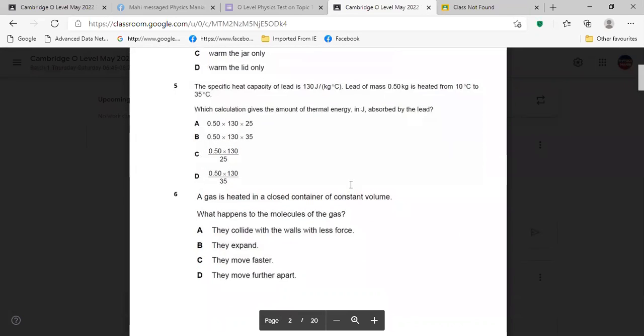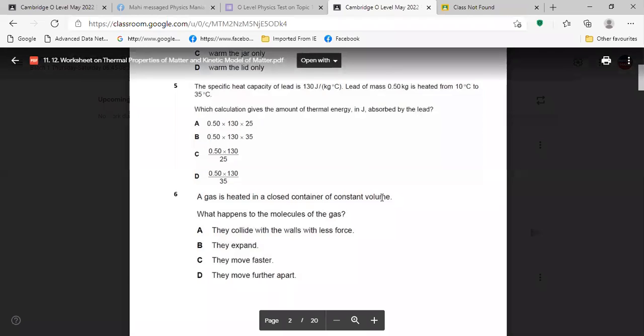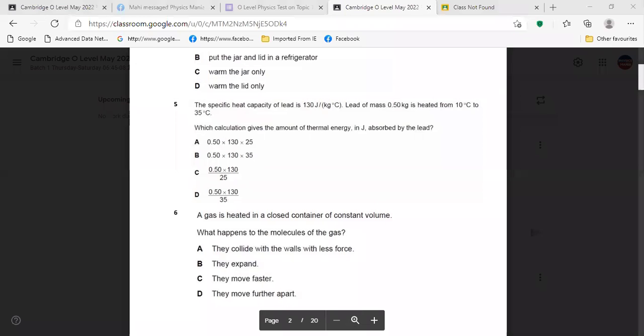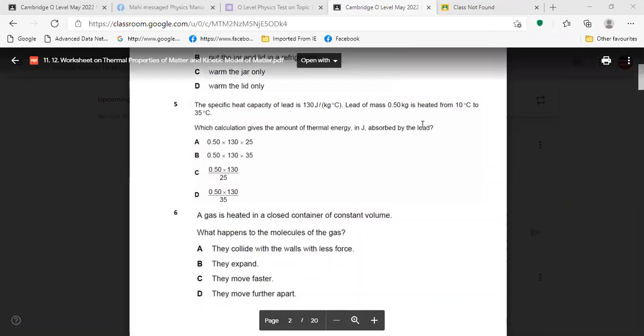Here is one. Question number 5. Yeah, Maimona. Hello, Maimona. Could you please read MCQ 5?